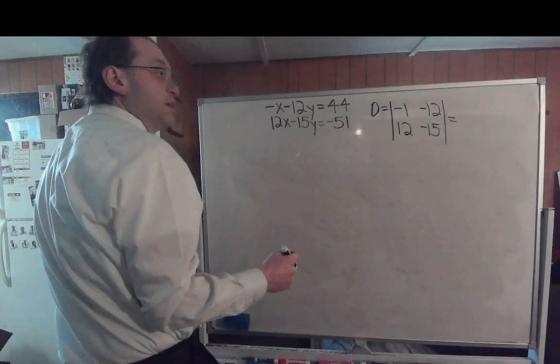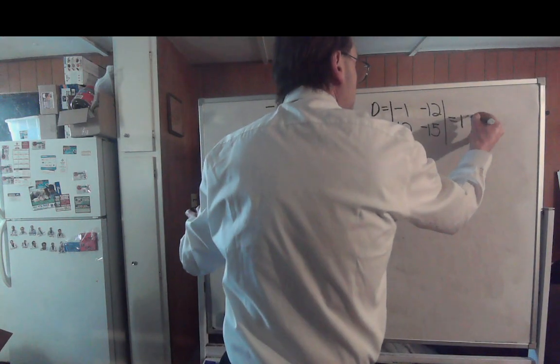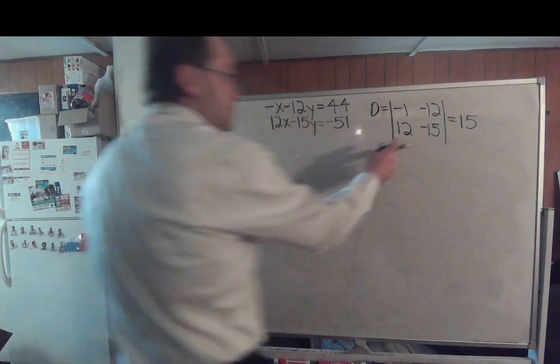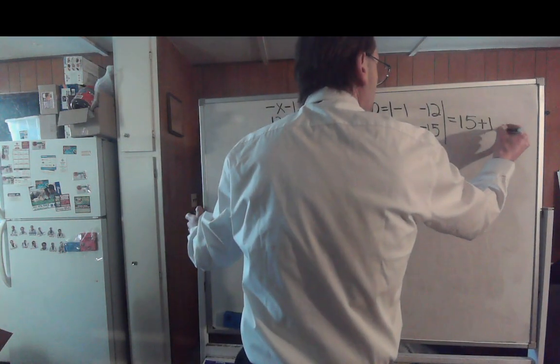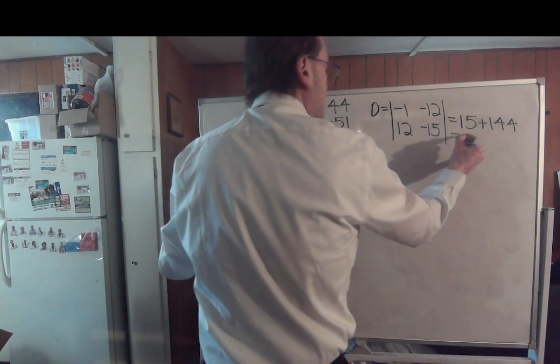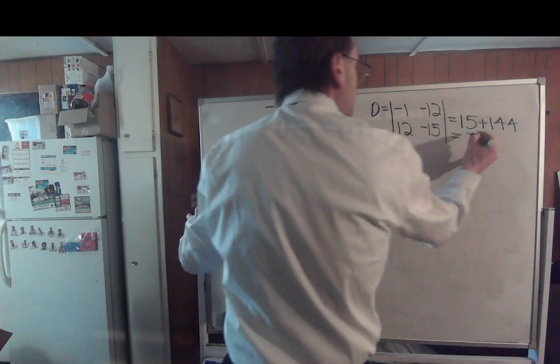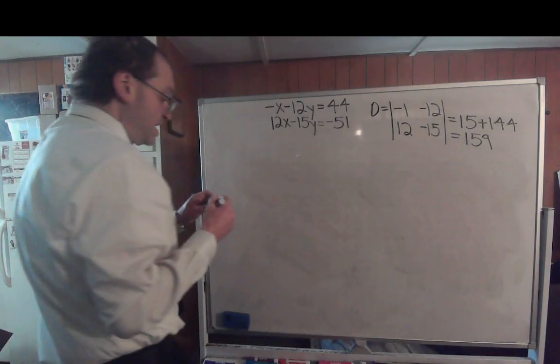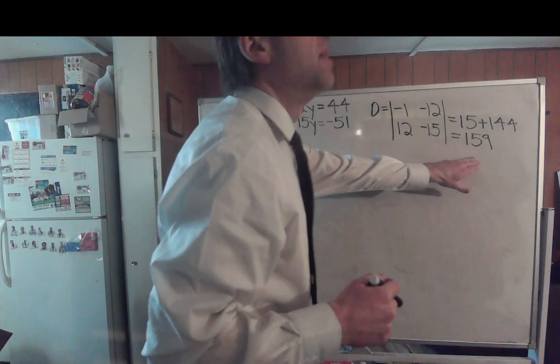Well, that's simply going to be positive 15. Then we have negative 12, which would be 12 times 12. That's 144. So 15 plus 144 is going to be equal to 159. So the value of D in this case is 159.